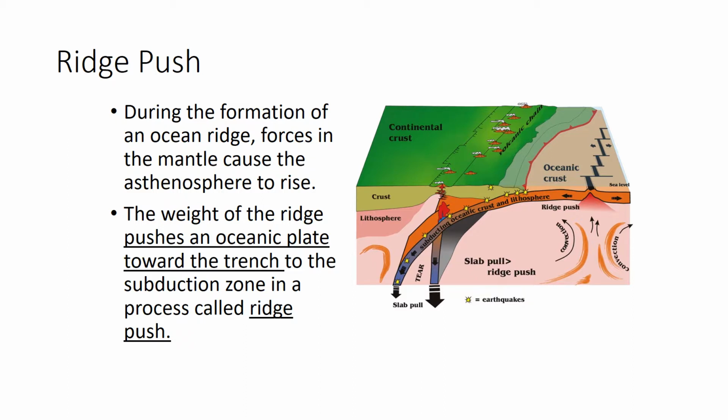If we look at this lovely image here on the side, we have a convection heat in the middle of the ocean pushing up and creating new crust, which we learned about when talking about seafloor spreading.